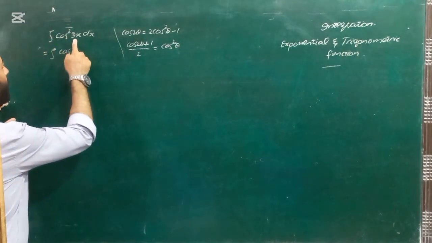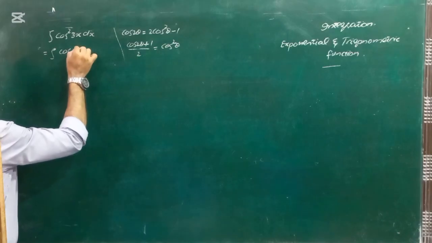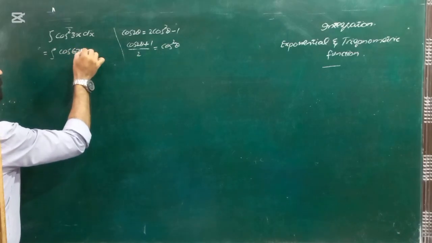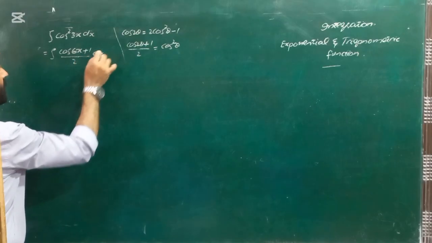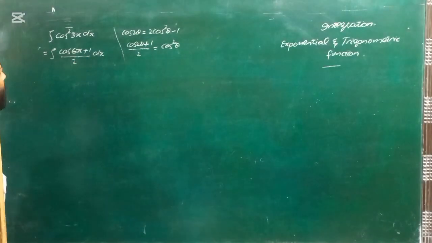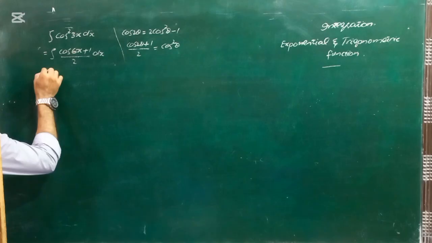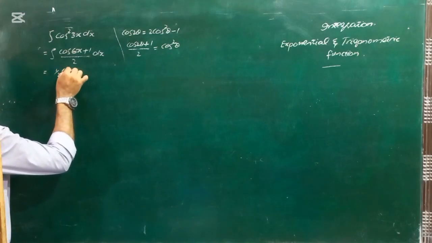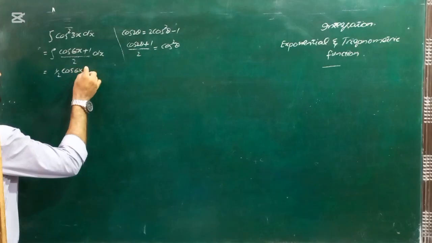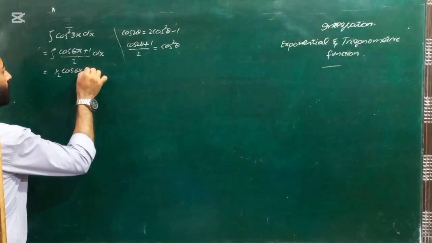So here is 3x, so it will become double, 6x, plus 1 over 2 dx is there, because we have just put the formula. Okay, another step is required. So in next step it is 1 by 2 cos 6x plus 1 by 2.